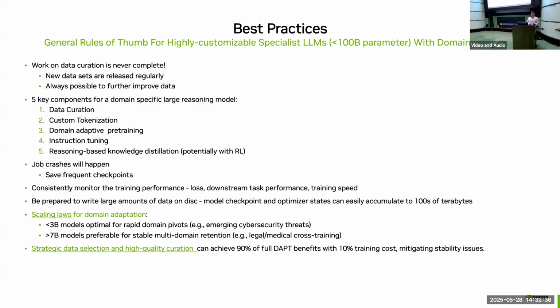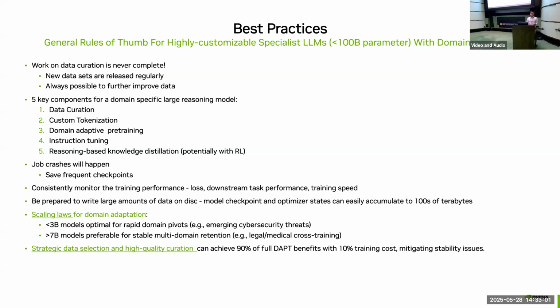Just to wrap up with a few practical best practices if you're actually doing domain adaptive large language models. The work on data curation isn't really ever complete. New data sets pop out all the time. There's these 5 key components that we talked about: data curation, tokenization, pre-training, instruction tuning, and reasoning-based knowledge distillation.